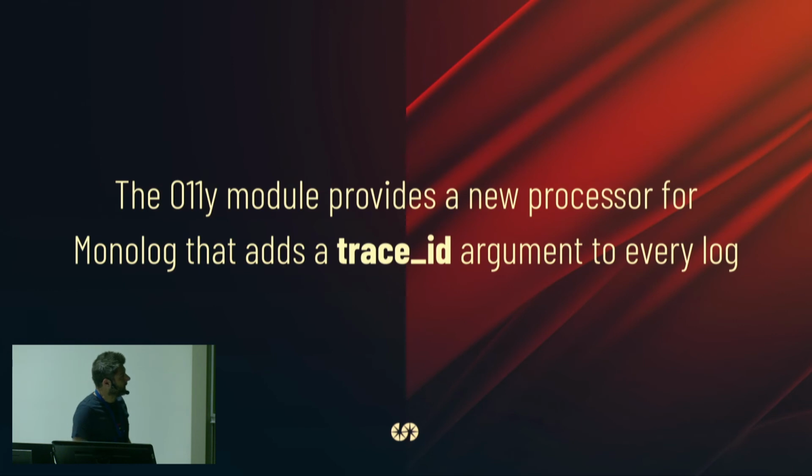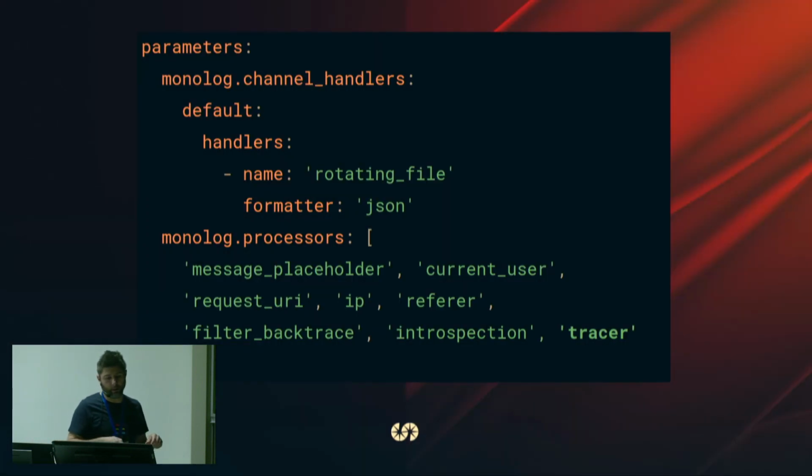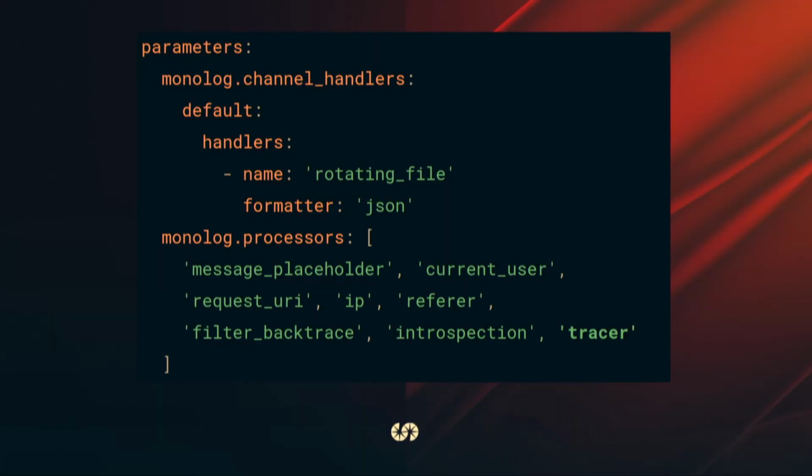To do this, it's quite easy to provide a processor to Monolog to add whatever information you want to the log. The observability module introduces a new processor for Monolog that adds a trace ID to every log, and then you can add this tracer to the list of processors in the Monolog configuration file.